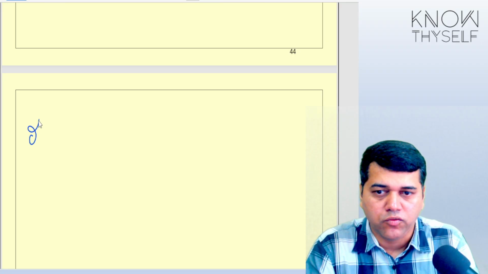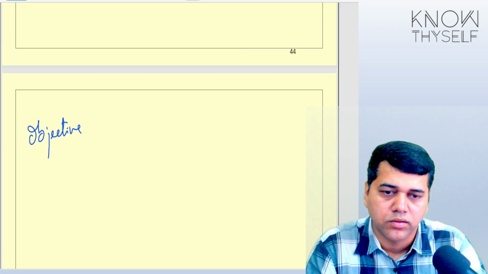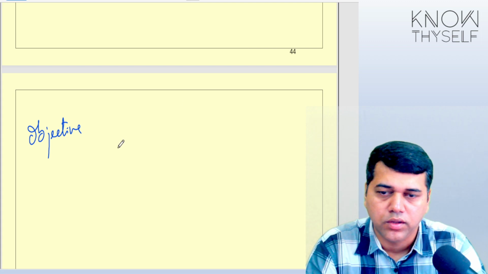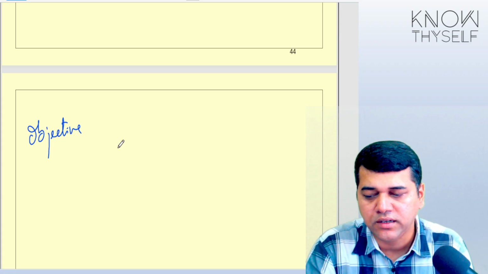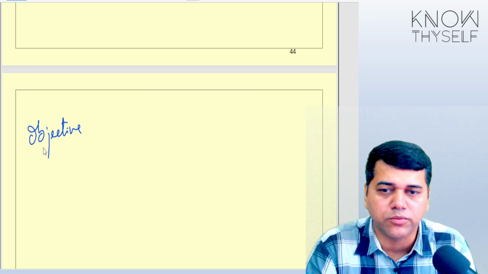The next one, what is the objective? What is the objective of SA 300 and 610? So it has got 3 objectives.